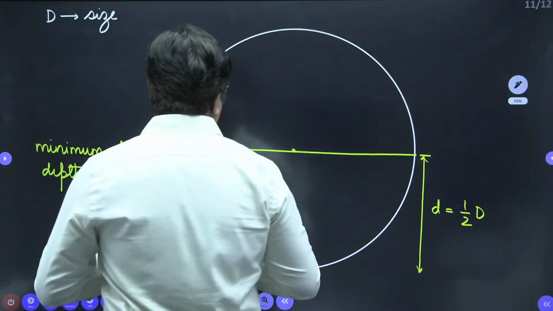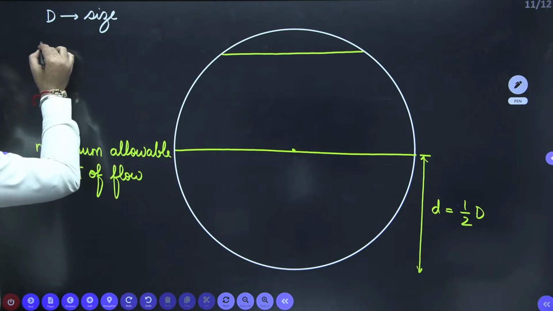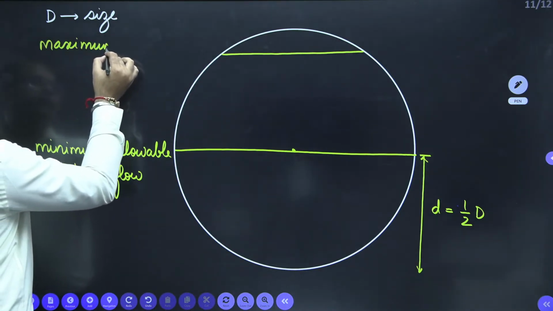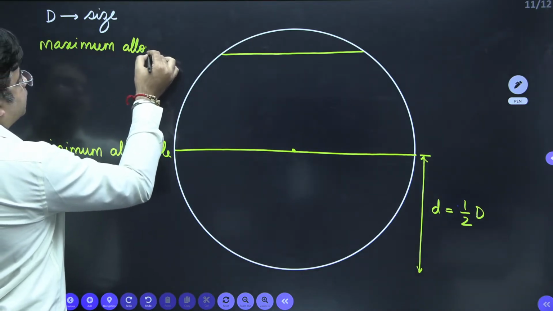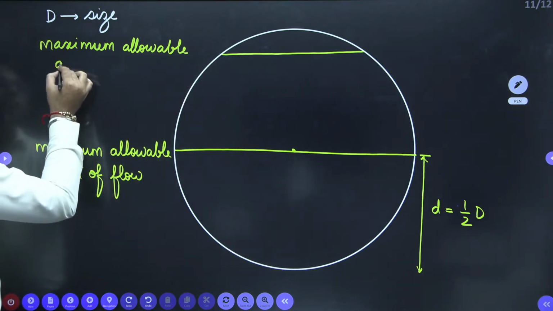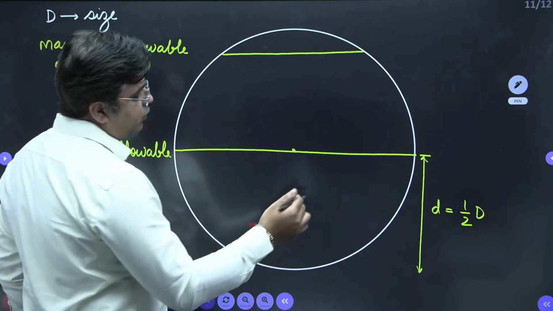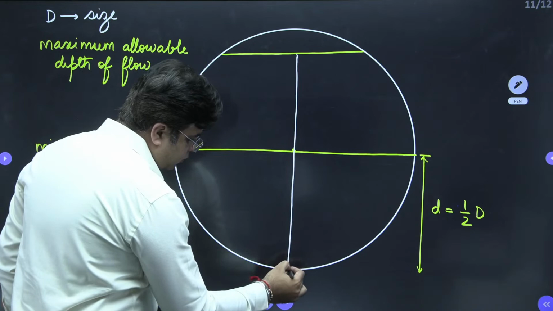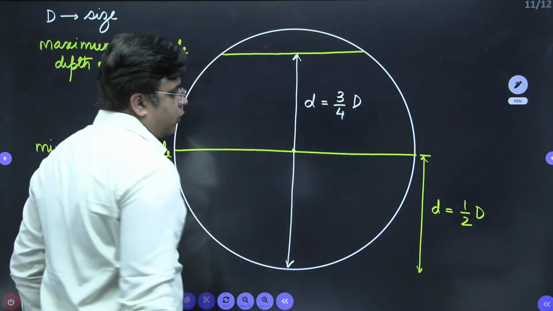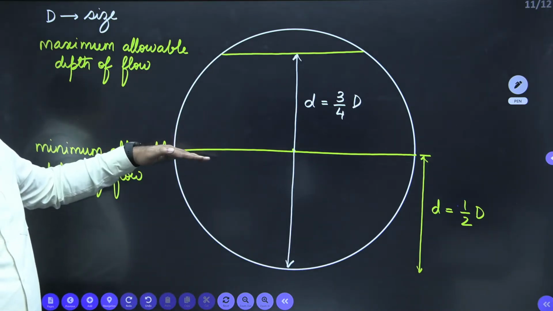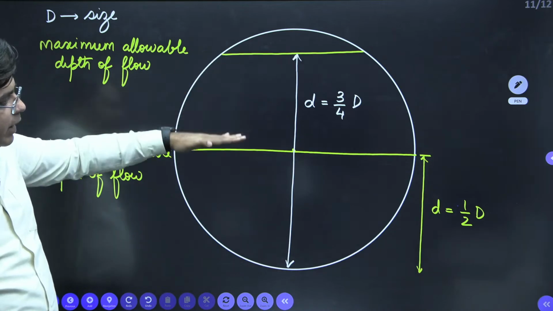And the maximum allowable depth of flow is 3/4 times of D. Okay, so you can clearly see whenever you are designing sewer, your depth of flow should vary between D by 2 to 3/4 times of D. This is the range where depth of flow should be maintained inside the sewer.